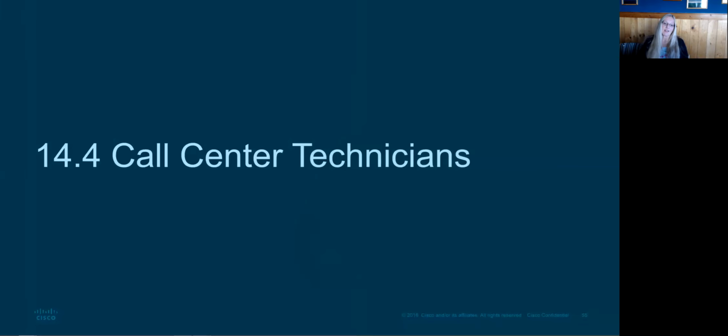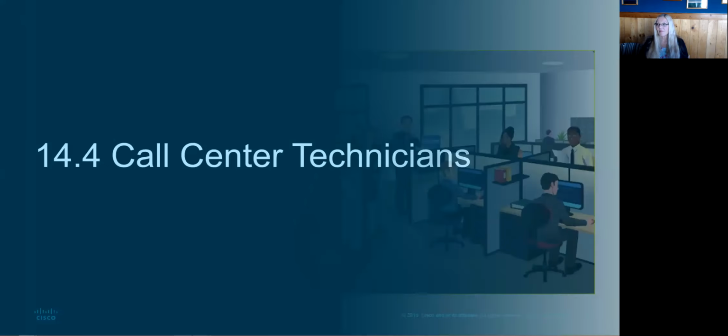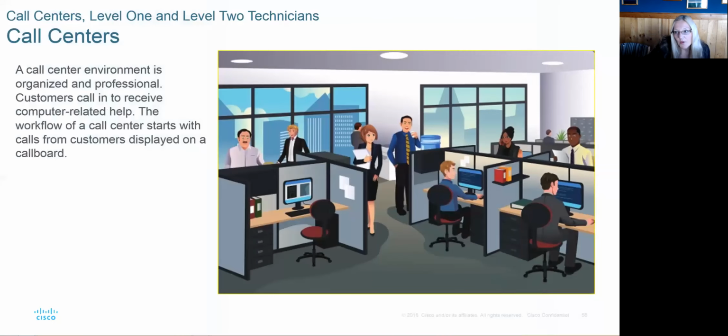So, call center technicians. Level 1 technicians are basically going to answer the first calls. They're going to answer the calls in the order that the calls arrive. So if a level 1 technician can't solve the problem, then it's going to be escalated to a level 2 technician.